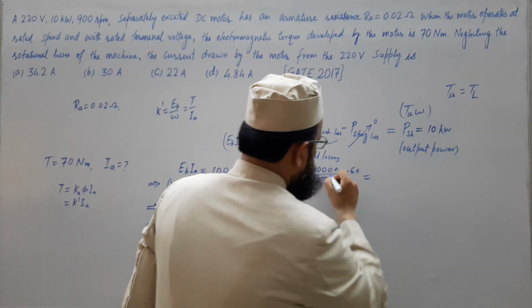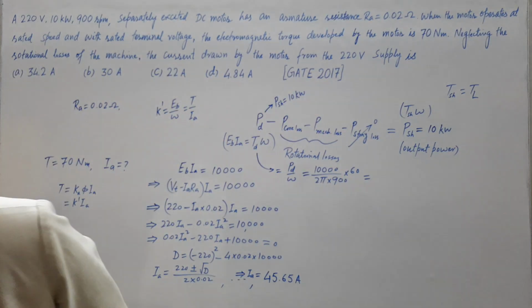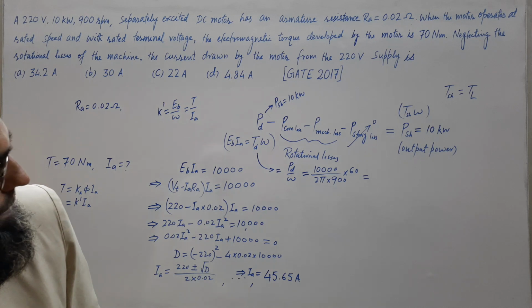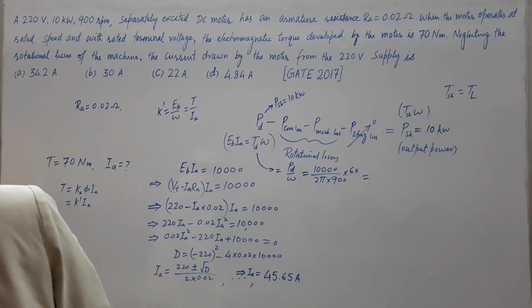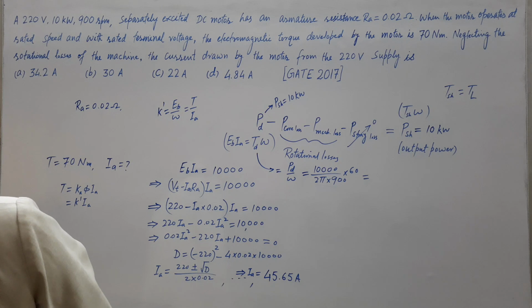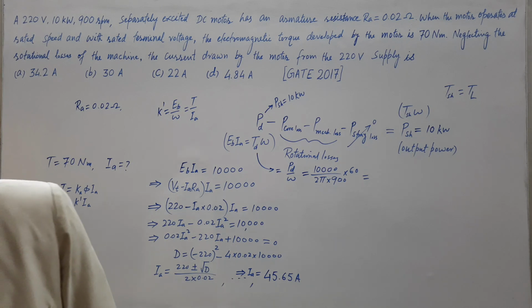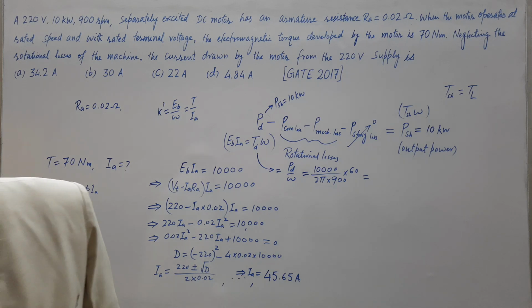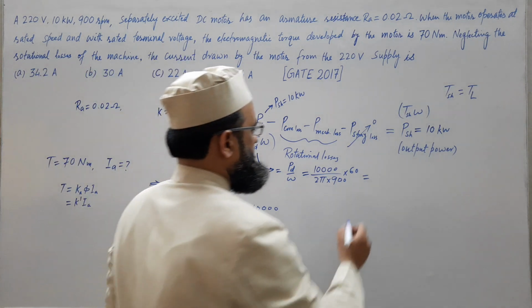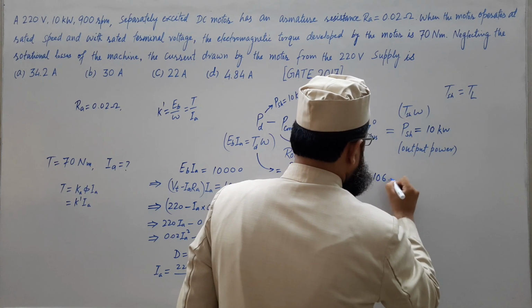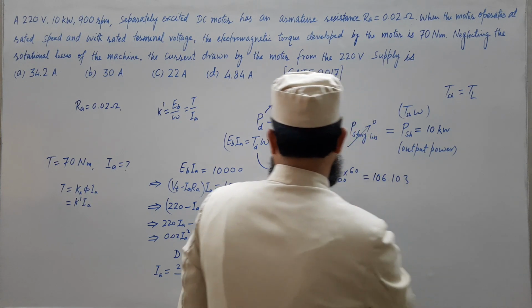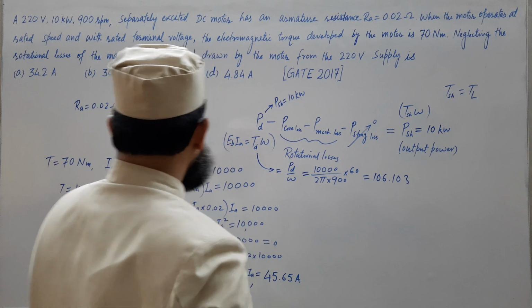So after solving, we get 2 pi times 900 by 60, right? So torque is directly coming out to be 106.103. So torque has been evaluated.